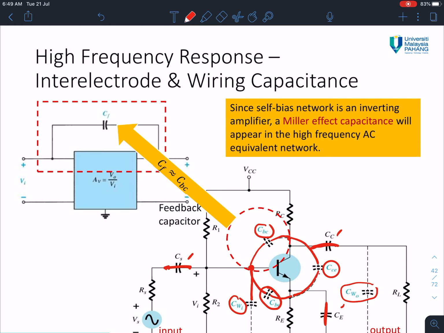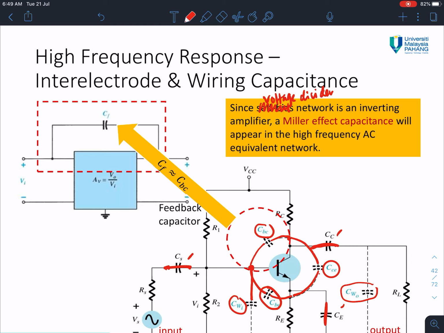Please take a look at this CBC. In this voltage divider, the CBC acts like a feedback capacitor in an inverting amplifier.